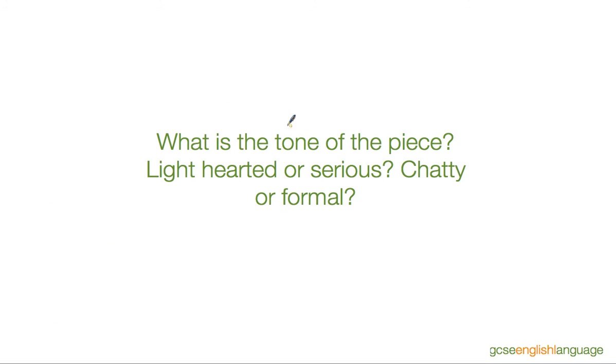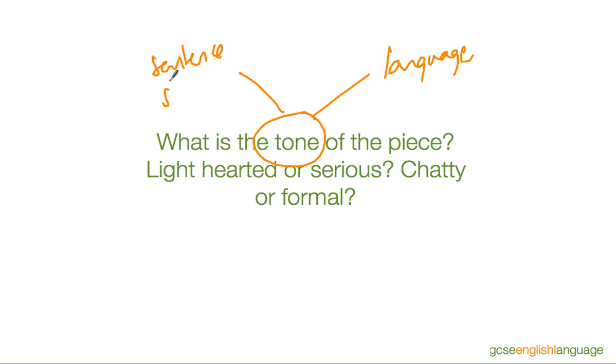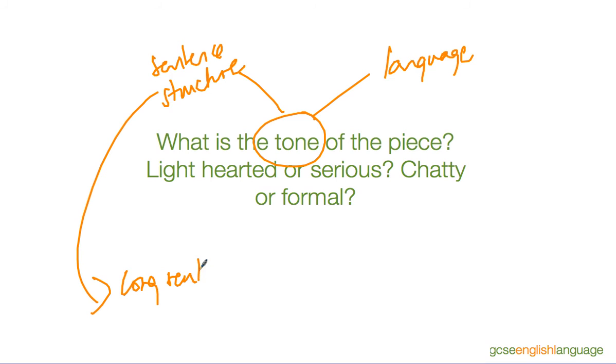The tone of the piece links into the lexical field. The language that's used, the vocabulary, the sentence structure. Often if it's long sentences, the tone might be more relaxed, descriptive.